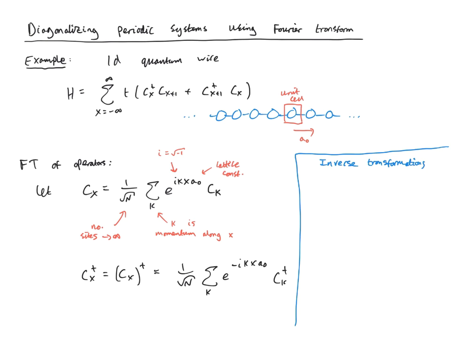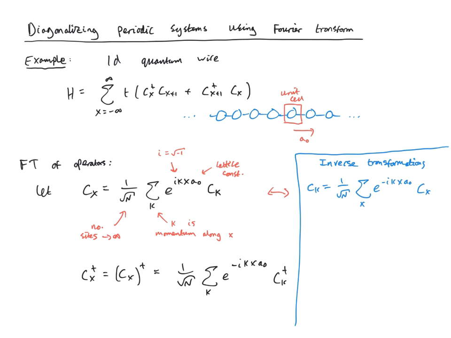I can write down very simply that ck is equal to 1 over root n, and this time the sum over real space operators x, and then it's e to the minus i kx a0 of the cx's. So when I go from the cx's to the ck's or the ck's to cx's, it's basically the same equation except that I get this additional minus sign in the Fourier component.